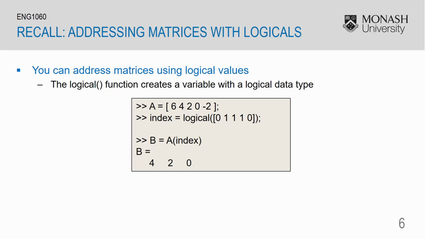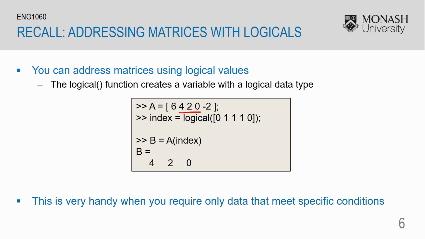Addressing the A vector with this index will recover the true values, which is the second, third, and fourth elements, which are 4, 2, and 0. This is very handy when you require only data that meet specific conditions.